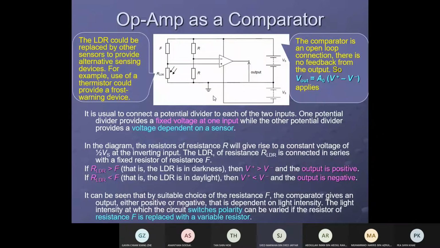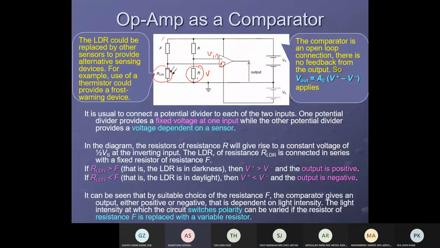The positive input is by the LDR; the LDR and F form a potential divider. The negative input is by the bottom R; the bottom R voltage is the V negative.